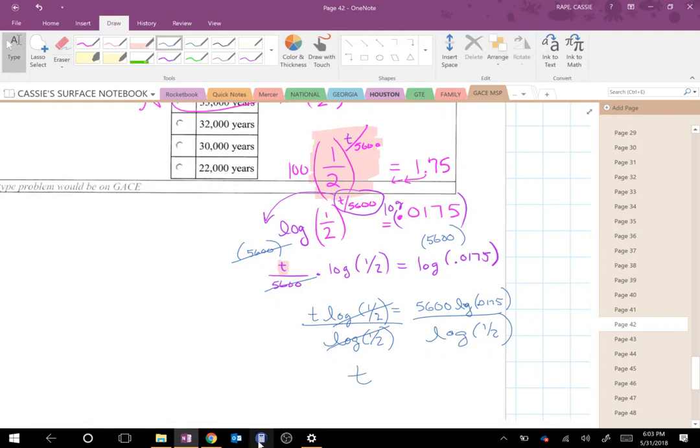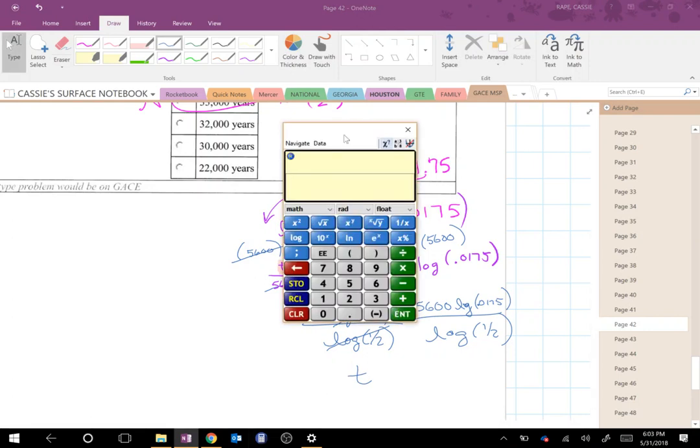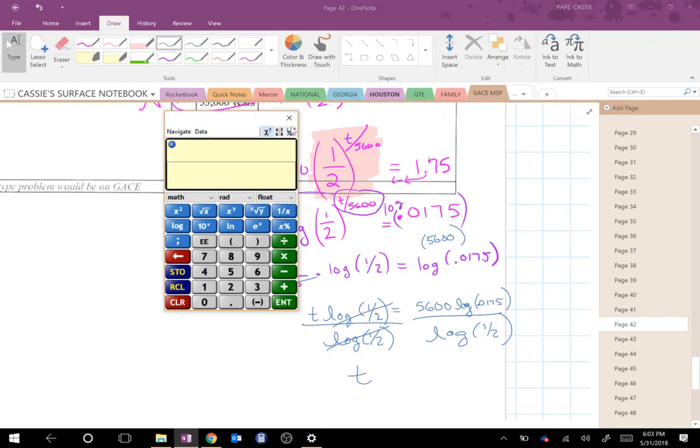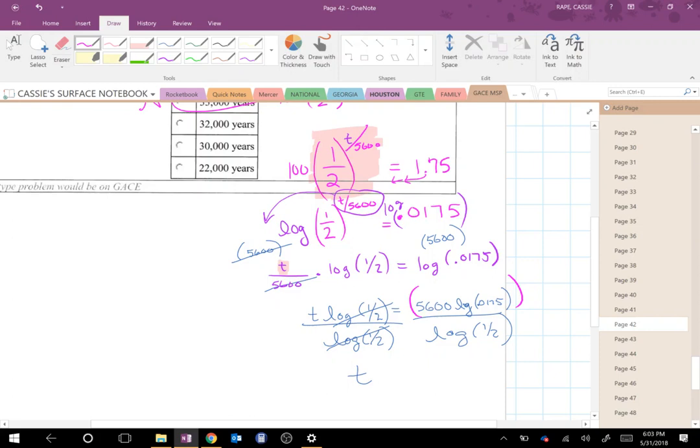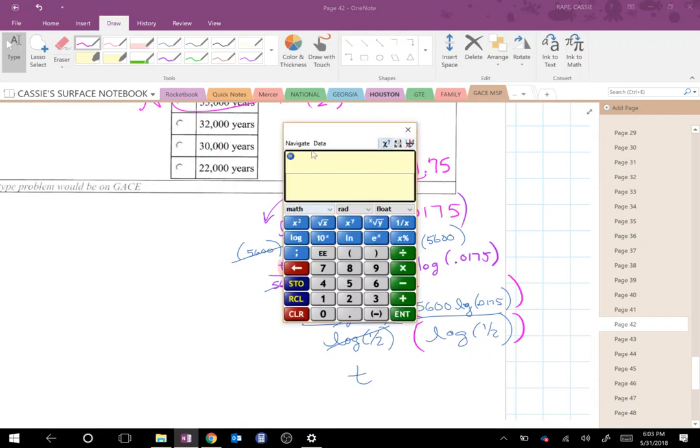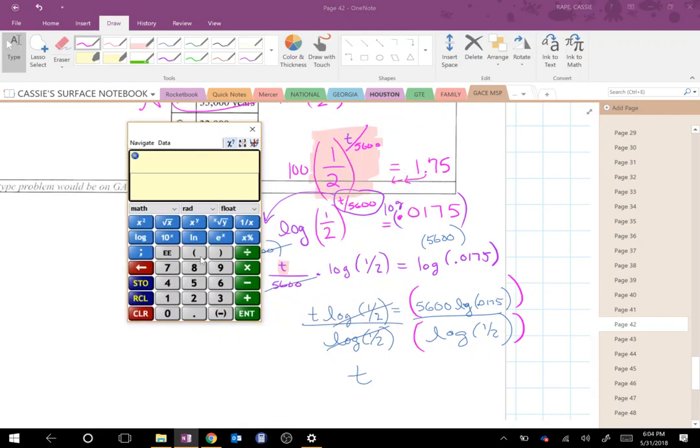So all I've got to do is pick up the calculator and make sure that when I type in this equation, I do the entire numerator divided by the entire denominator, so parentheses are super important. I'm going to enter open parenthesis 5,600 times the log of 0.0175.